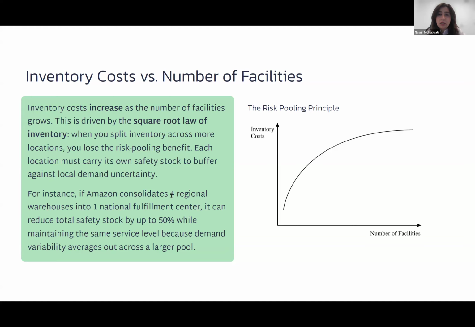So let's say that we're talking about number of facilities, right? So if we want a better response time, we have to increase the number of facilities. For example, Amazon acquired Whole Foods because they wanted to compete with Walmart. Walmart is really efficient because they have a lot of warehouses and retail stores very close to customers, very optimized in terms of their distribution network. So Amazon wanted to actually have a physical appearance for the customers as well.